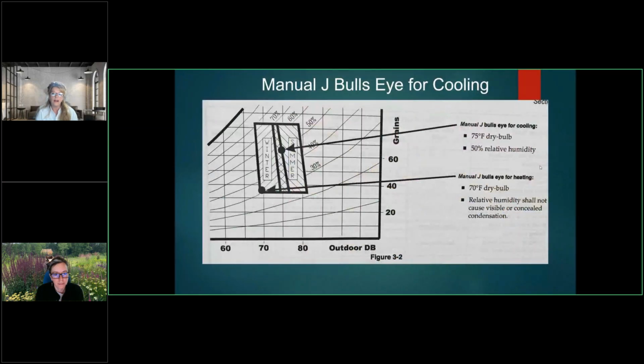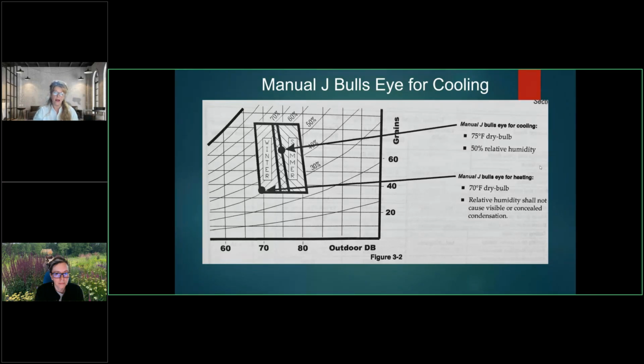So Manual J is our bullseye for your HVAC contractor for sizing that HVAC system. For cooling, it's going to be 75 degrees and 50% relative humidity. So our goal has to think about, okay, they're designing this system to run at peak heating and cooling temperatures.